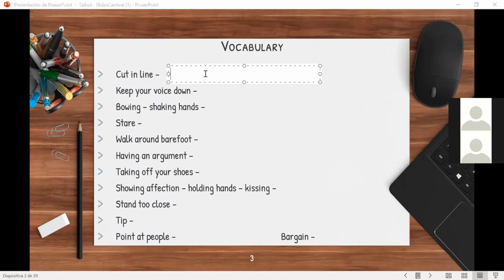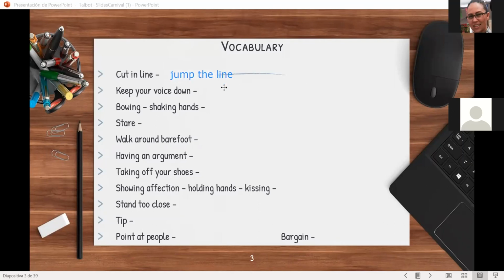But this phrase refers more to when we make a line, for example to go to the bank or for anything else where people always crowd, so we form a line. So, cutting in line means jumping the line. It's like skipping the queue or squeezing into the queue. And that is very impolite. Yeah, that's a bad manner. Okay, jump the line.